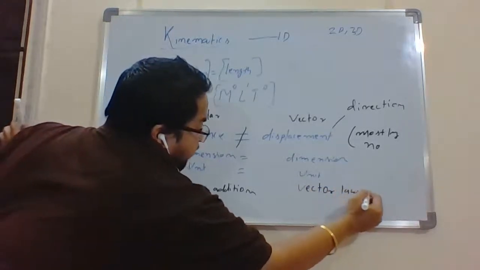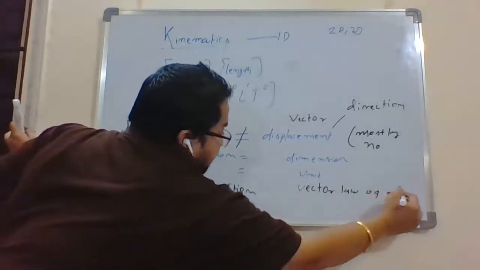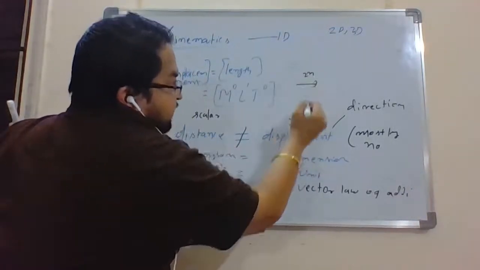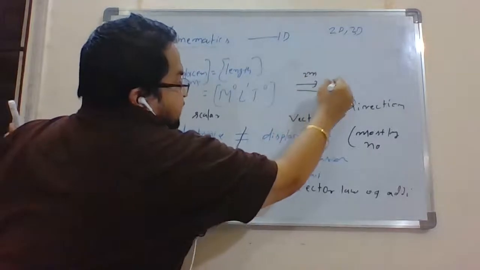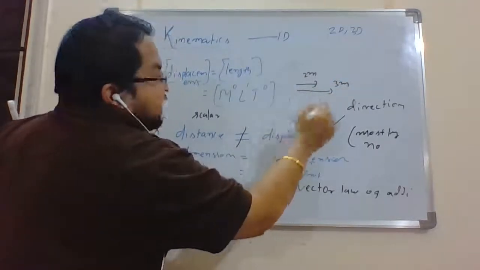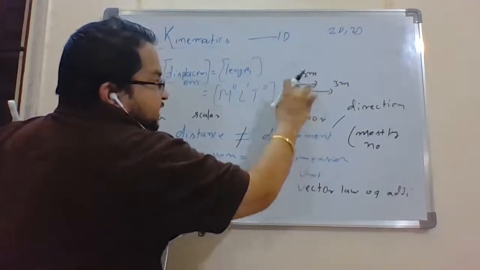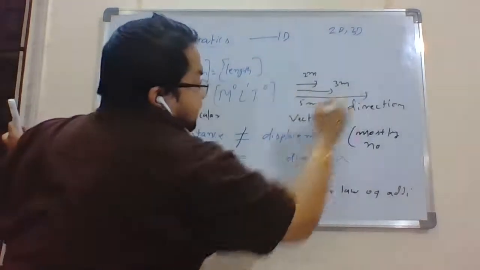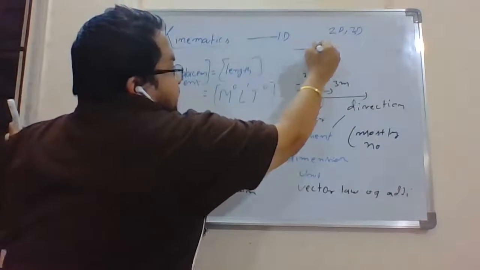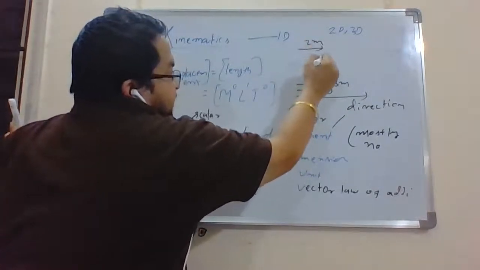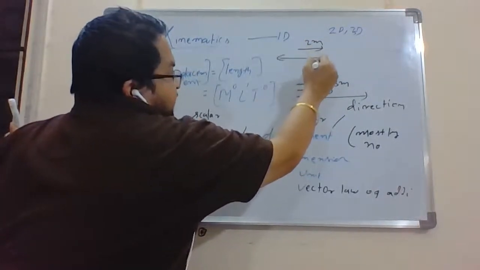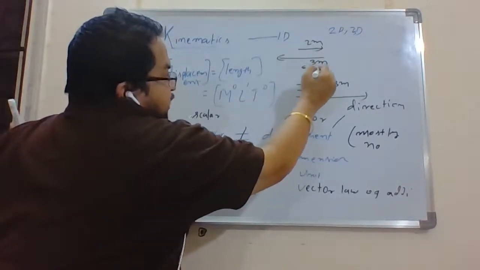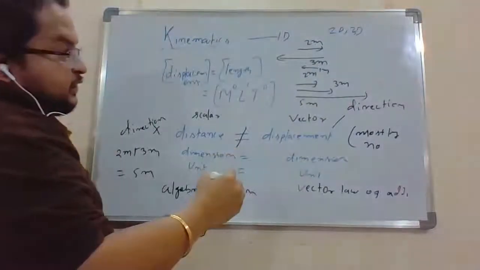Vector law of addition means if 2 meter is along this direction and 3 meter is also along this direction, then the addition of both will be 5 meter along the same direction. If 2 meter is along this direction and 3 meter along the opposite direction, then the net displacement is only 1 meter along this direction.